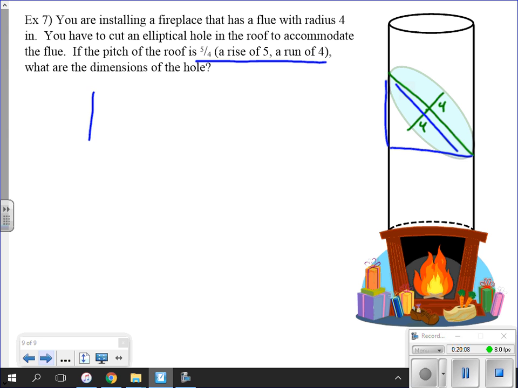Now, a rise of 5, a run of 4 is similar to what do I have 8 inches for that? What's the diameter of the hole going to be? 8 inches.